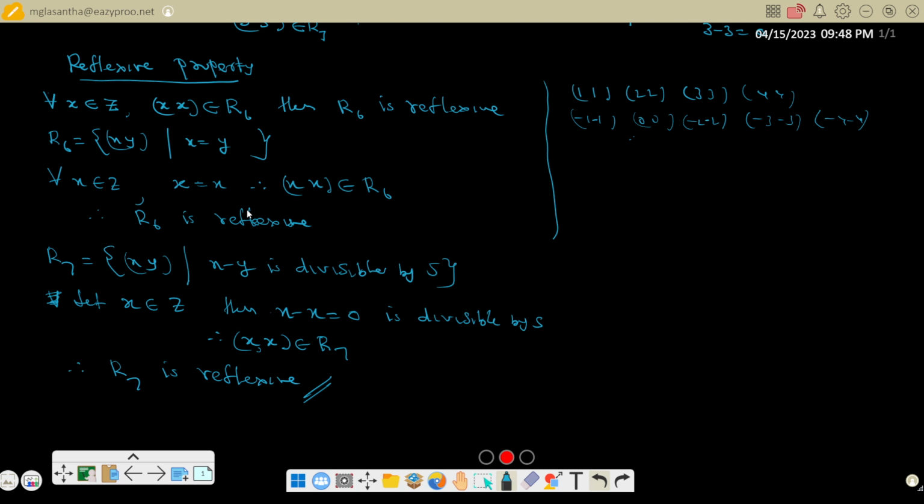So you can show R7 is reflexive, symmetric, and transitive. Therefore, R7 is said to be an equivalence relation.